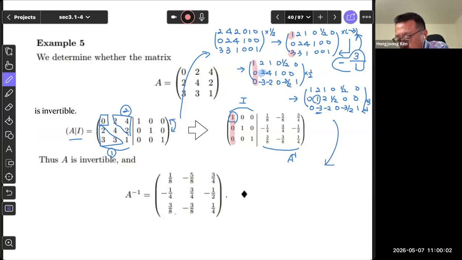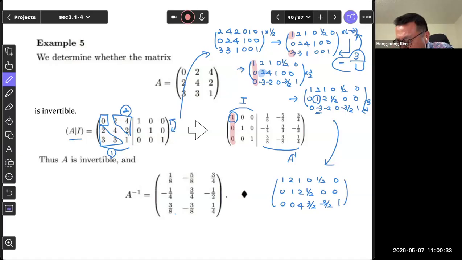So if I do that, you get 1, 2, 1, 0, 1/2, 0, 0, 1, 2, 1/2, 0, 0, and 0, and 0, and 2 times 3 is 6, minus 2 is 4, and then 3/2, minus the 3 half, and 1.